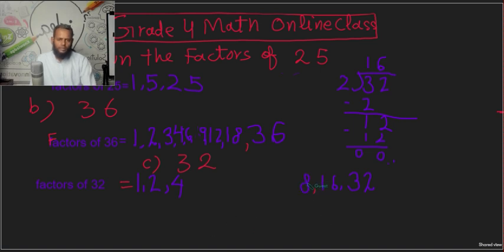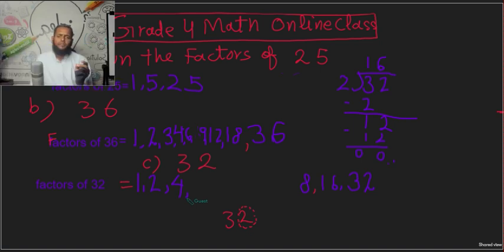Okay, you should tell me, is 5 a factor or not a factor? 5 is not a factor. For 5 to be a factor, there must be a 0 or 5 in the one's digit. If there is a 0 or 5 in one's place, then 5 will be a factor.